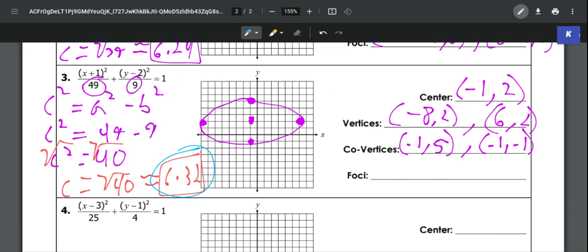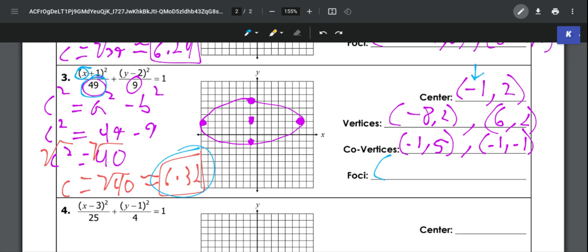We have to know whether we add that or subtract that to our x coordinate, so either to -1, or our y coordinate. And the way that we know that is wherever your larger denominator is, whatever variable that's under, that's the one you're going to pick. So in this case, we're going to take 6.32 and add it and subtract it to -1. And then we'll just keep 2 from our center.